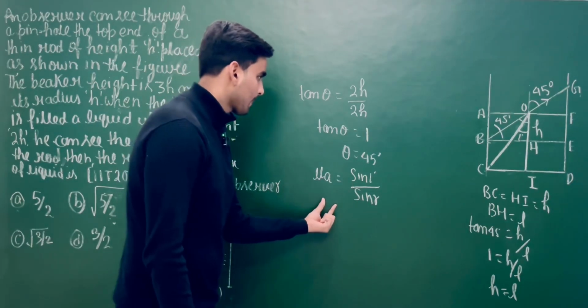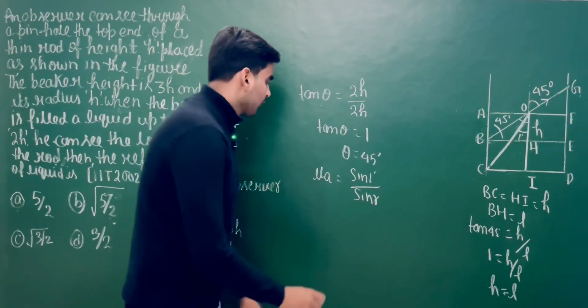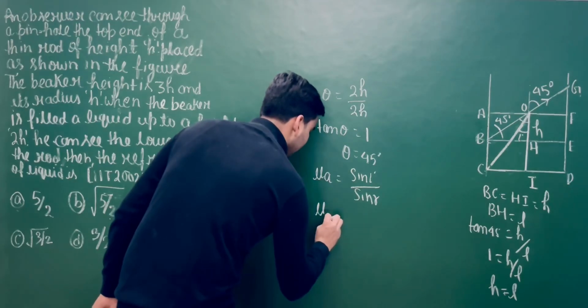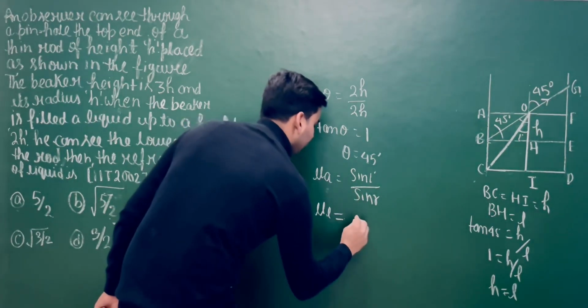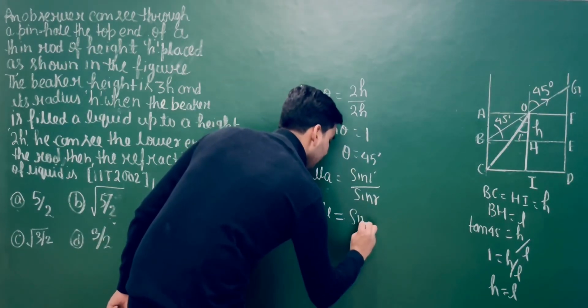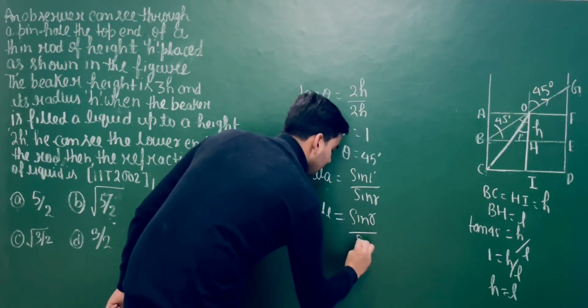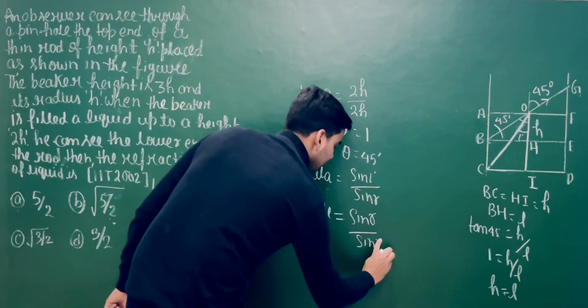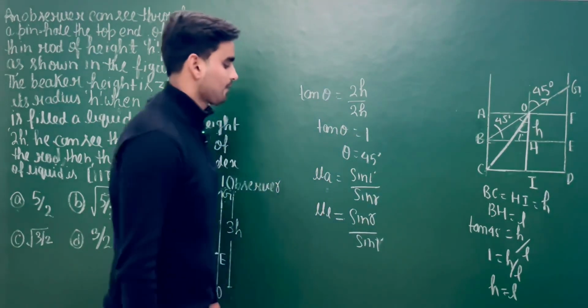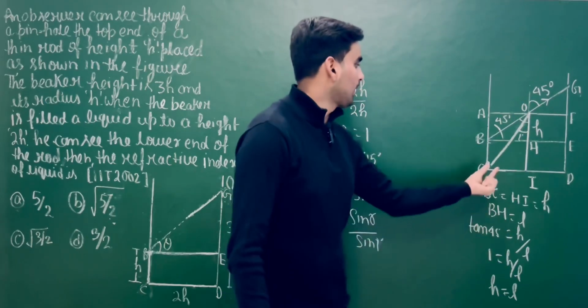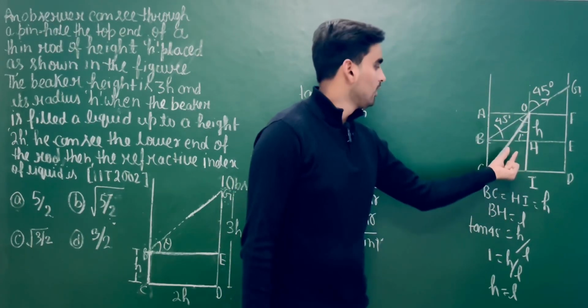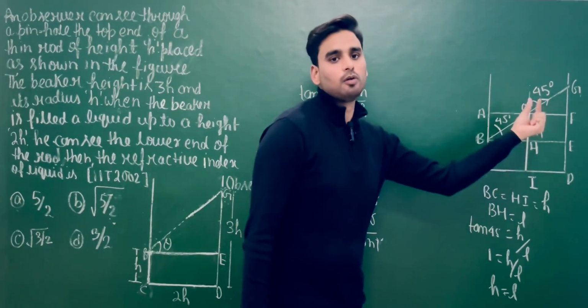Then refractive index of liquid is inverse of refractive index of air, that gives sin R upon sin I. In this, sin R is sin 45, but sin I is unknown for us.